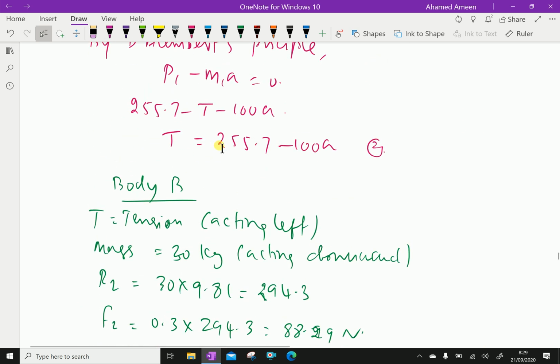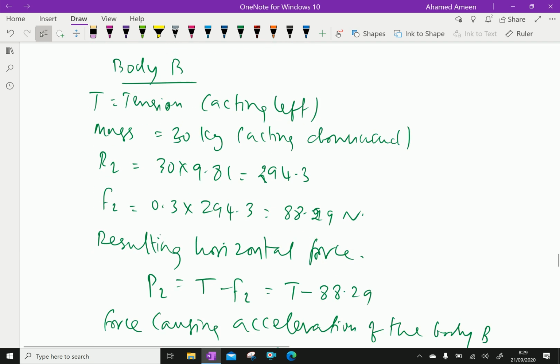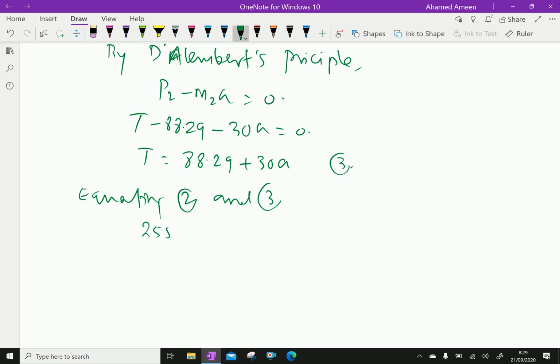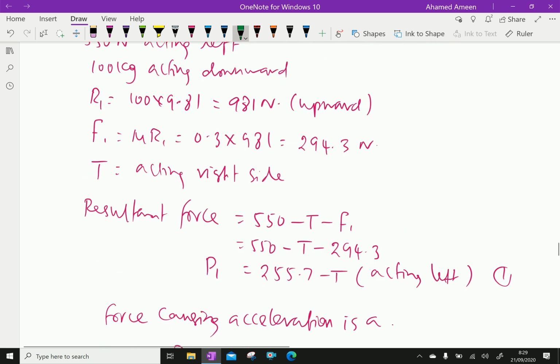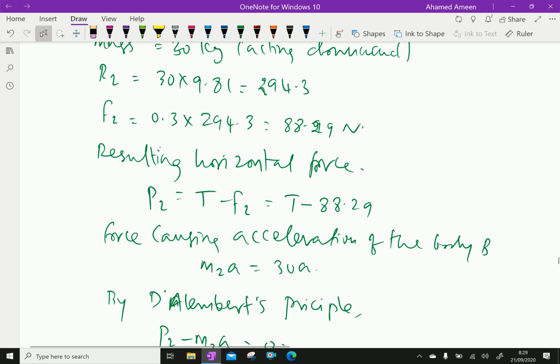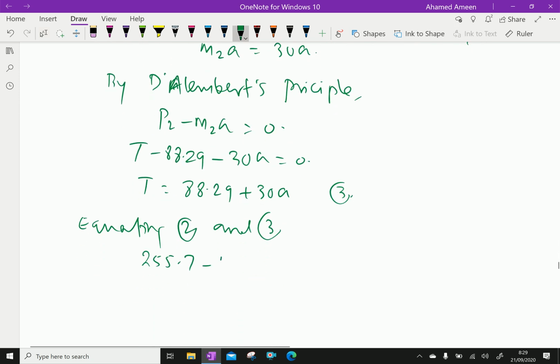So 255.7 minus 100a equals 88.29 plus 30a.